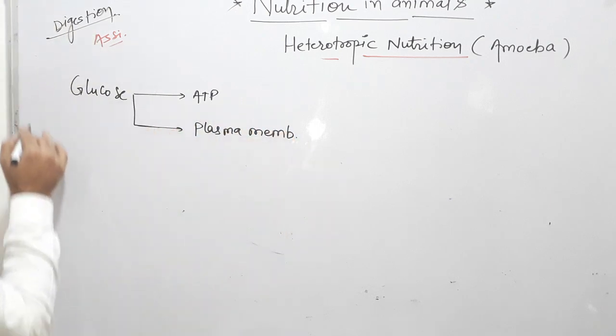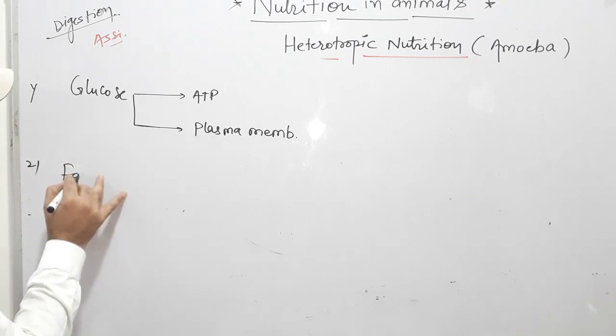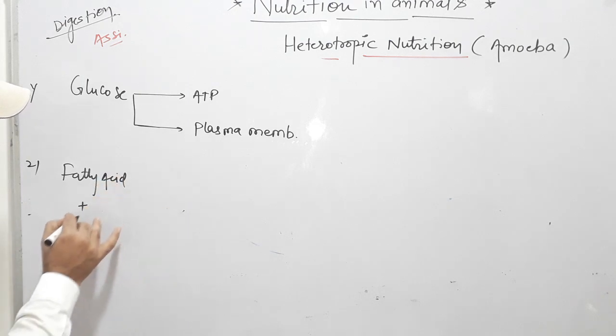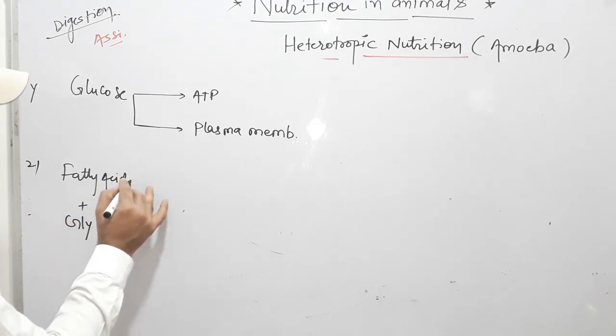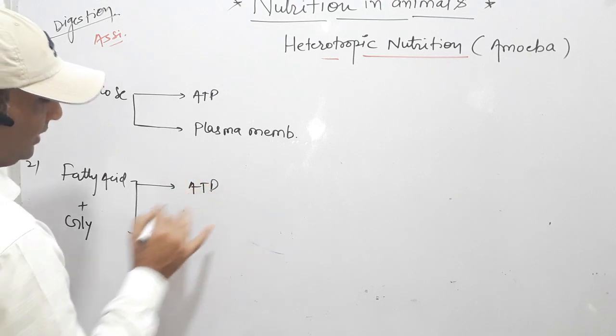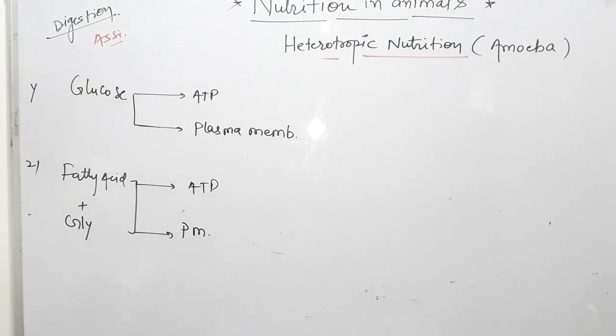It is called assimilation first. Now second, the fatty acid plus glycerol are either used for the formation of ATP or for the formation of plasma membrane.